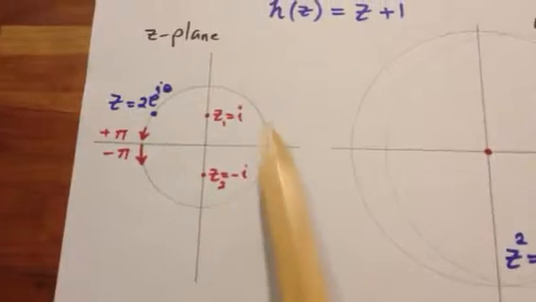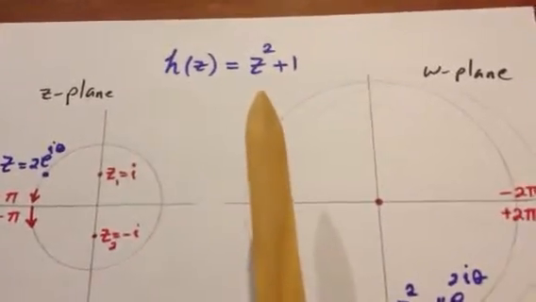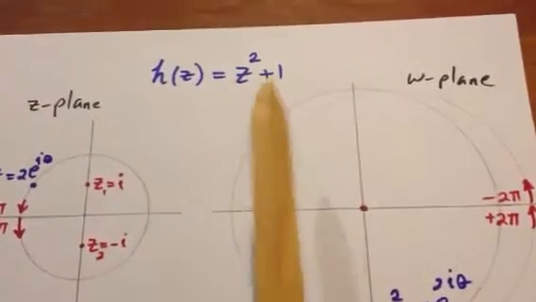And that's because we have chosen this circle large enough to make z squared big enough so plus 1 is not going to affect it.